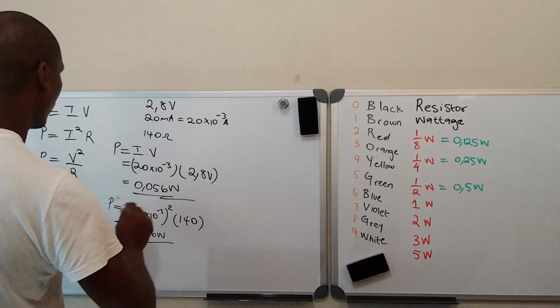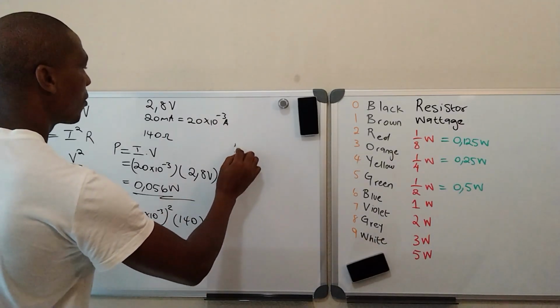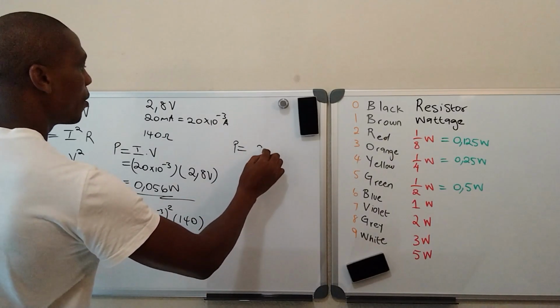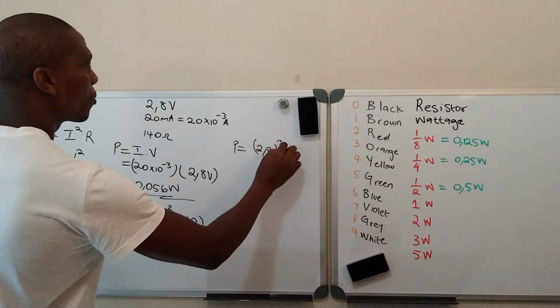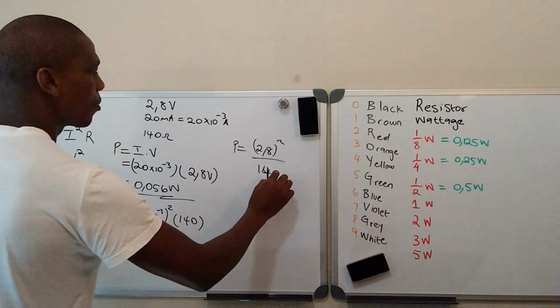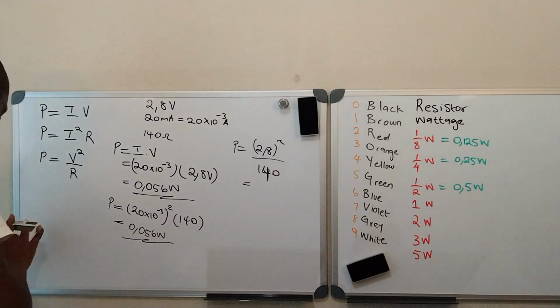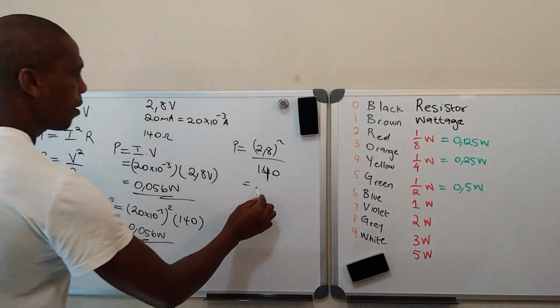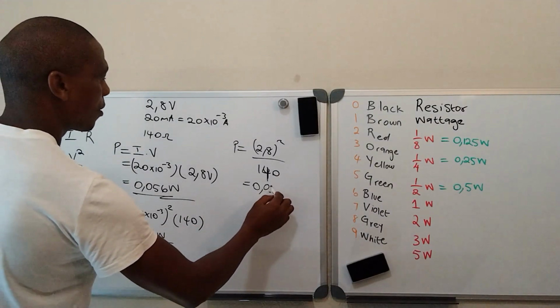Let's try another one, just to see. P is equal to 2.8 squared divided by 140. And let's see.